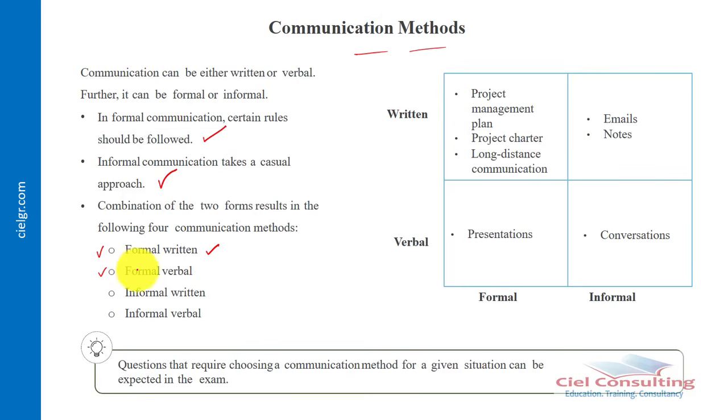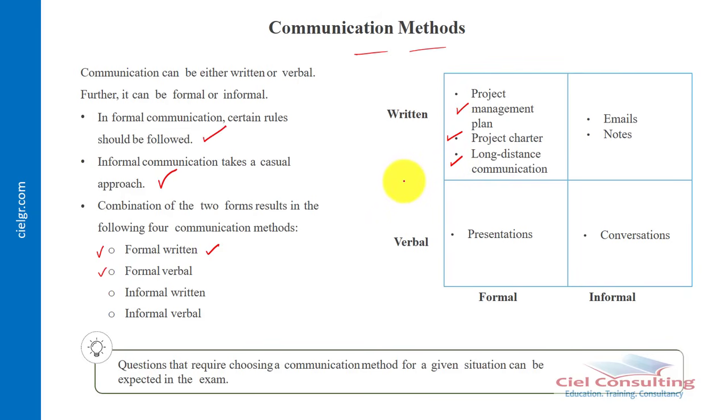And like I mentioned earlier on, there's formal written communication, which simply means a written communication that follows specific defined rules, and then also usually comes with a backing of authority. So they will include examples like your project management plan, your project charter, and then also maybe long distance communication.